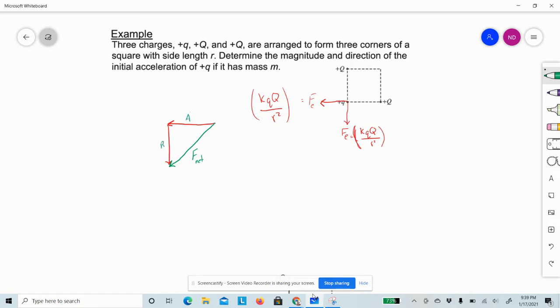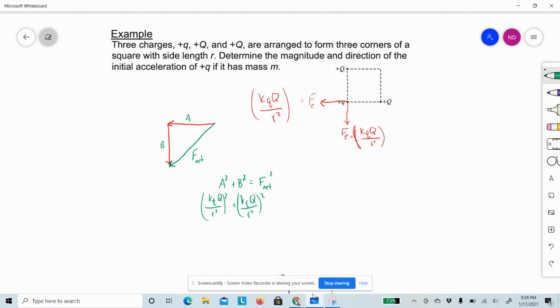We're going to use Pythagorean. A squared plus B squared equals F net squared, C squared I'm going to call it. This is going to be K, Q, Q over R squared plus K, Q, Q over R squared.